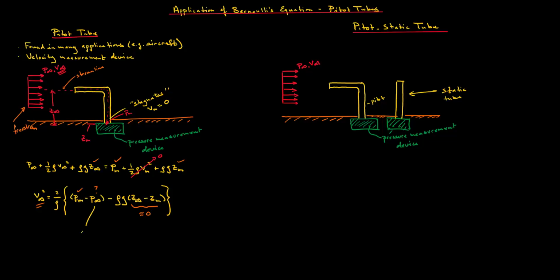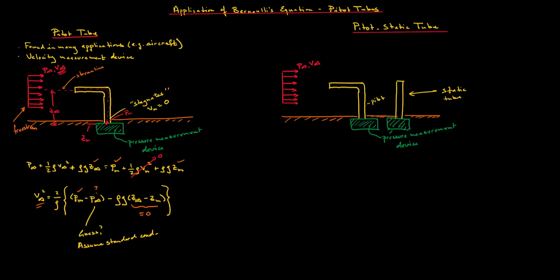So we can guess it, or we can assume it to be standard conditions at a certain elevation, or standard conditions at sea level, etc. But we can avoid having to do this guesswork by employing a different device, which is called a pitot-static tube.